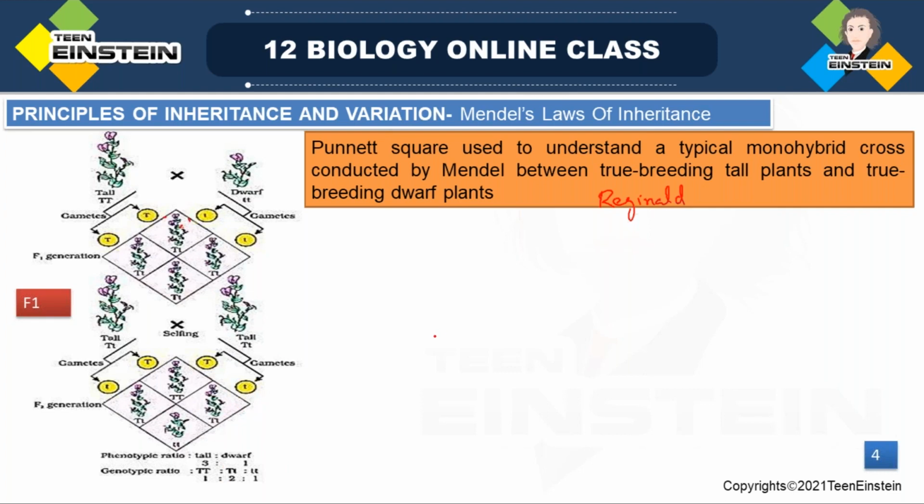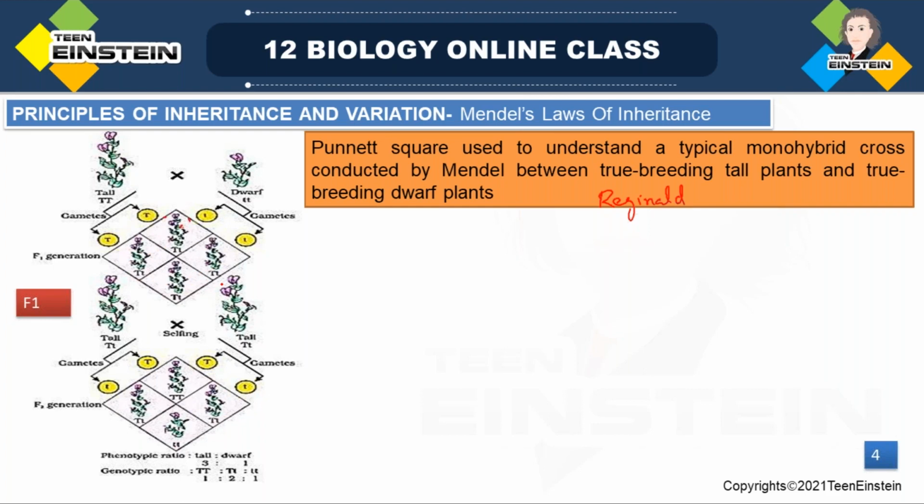Here in the Punnett square, we write the possible gametes on two sides, and all possible combinations in the boxes. That's the way we express it.